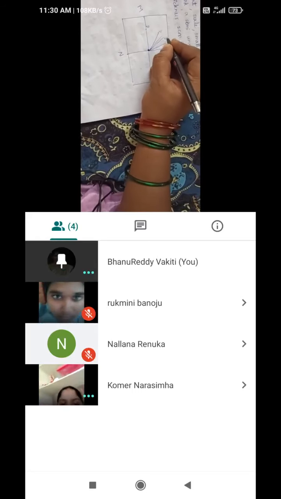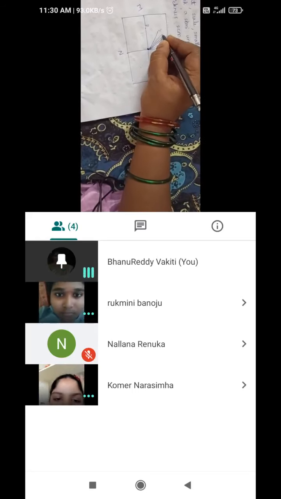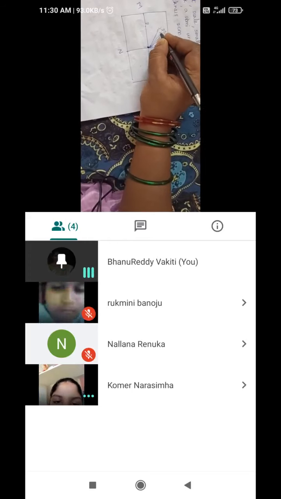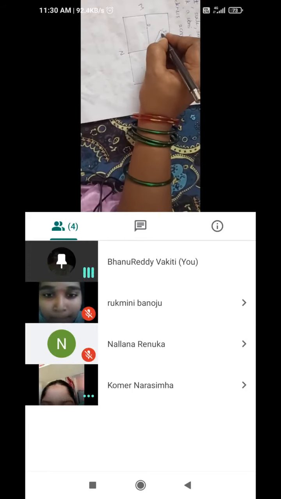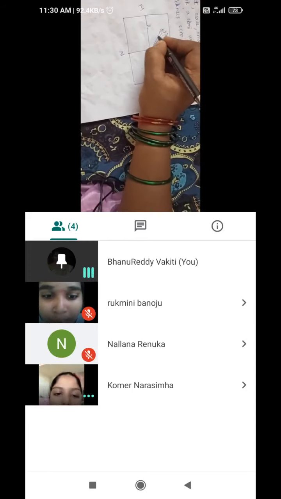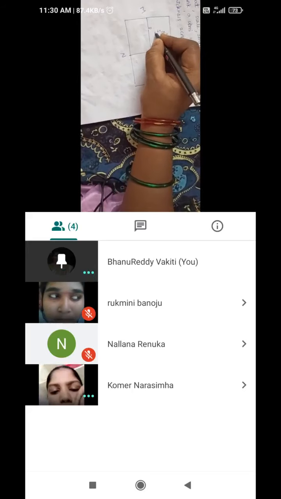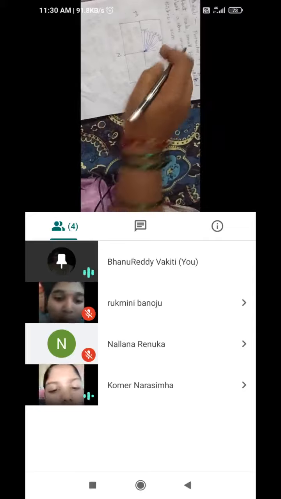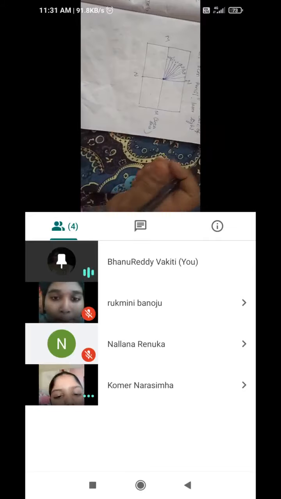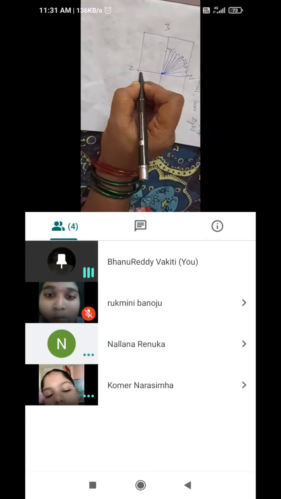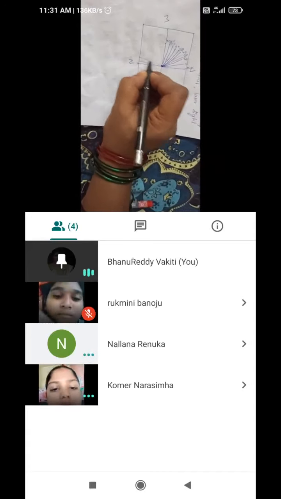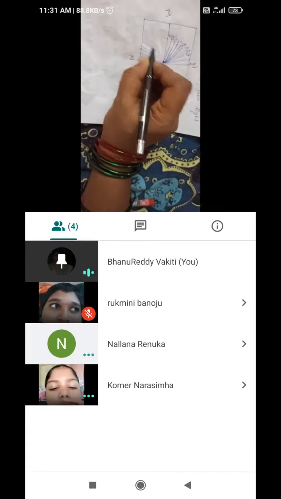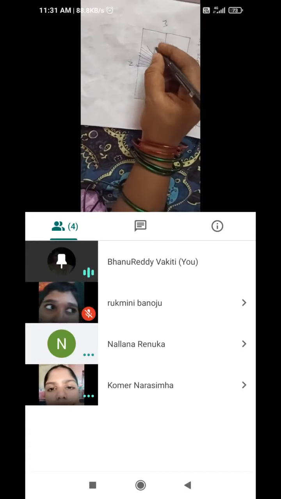10, 20, 30, 40, we will get 45 in the middle, 50, 60, 70 and 80 like that. So on all sides we need to do like that by using the protractor. Here 0 degrees to 10, 20, 30, 40, 50, 60, 70, 80, 90.